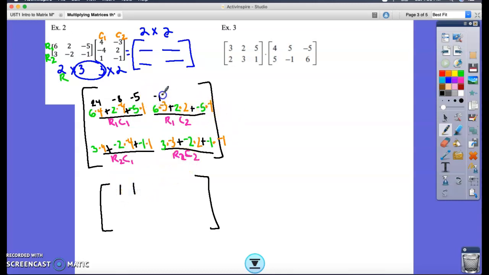This is -18. 2 and 2 is 4. -5 and 1 is 5. And when I add those up, I get negative, because the 18 is larger, 9. Here I have -12, 8, and -1. So this will be -5 and -9, -4, 1 will give me -12.